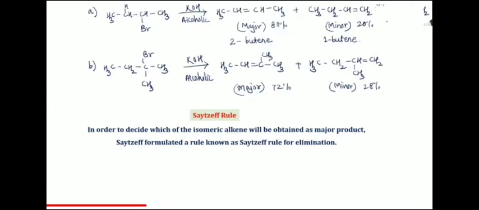In order to decide which of the isomeric alkenes will be obtained as the major product, Saytzeff formulated a rule known as Saytzeff rule for elimination.